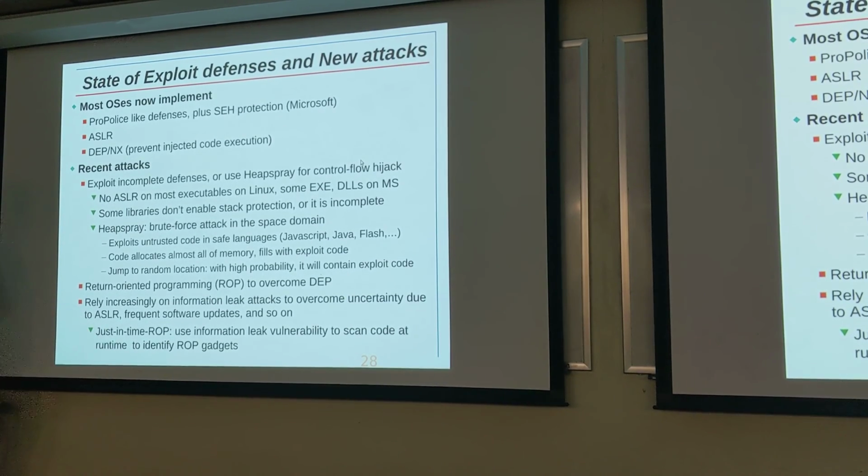So this is called just-in-time ROP because the attacker is collecting the gadgets at runtime. Just before they are about to carry out an attack, they identify the gadgets that they want to use, and that is also becoming somewhat more common these days.